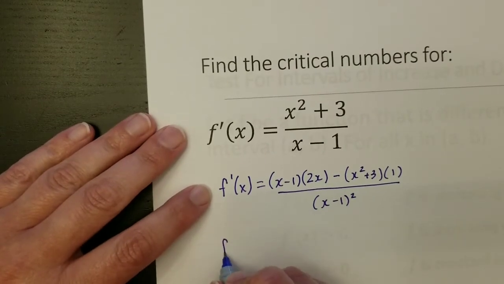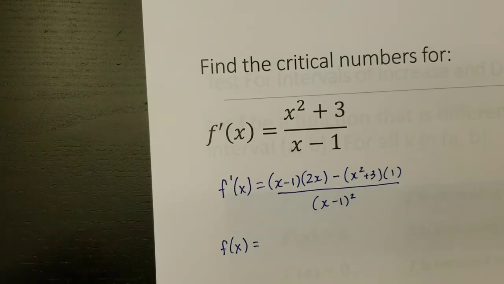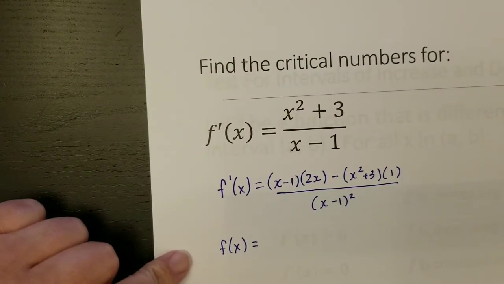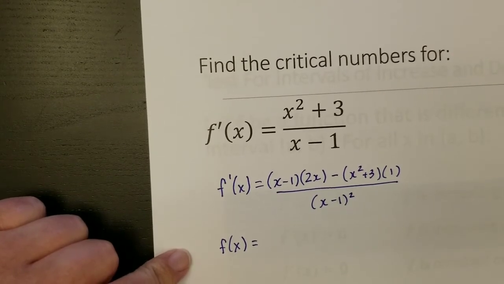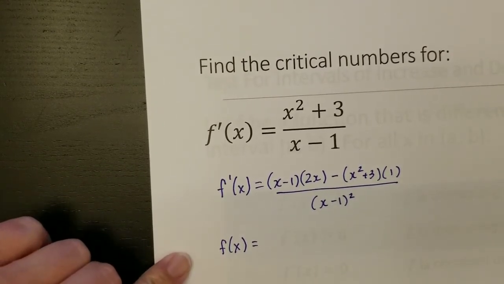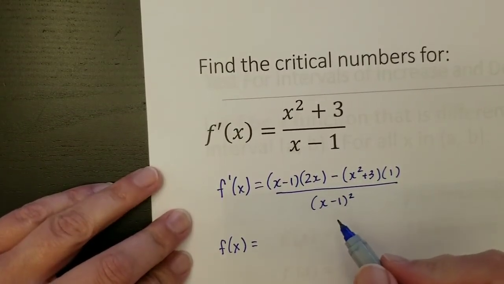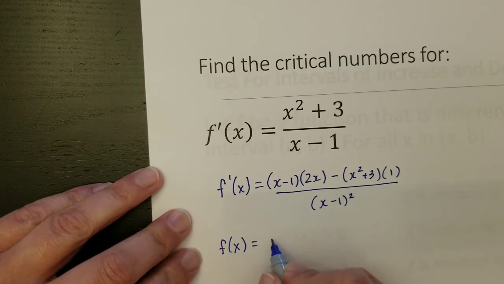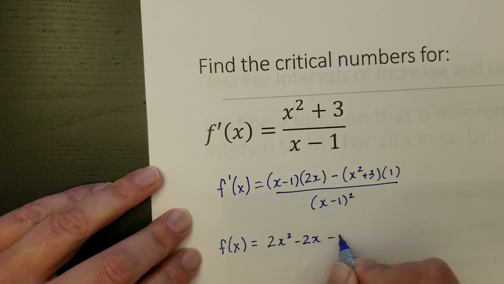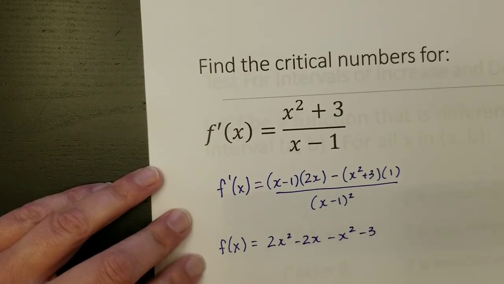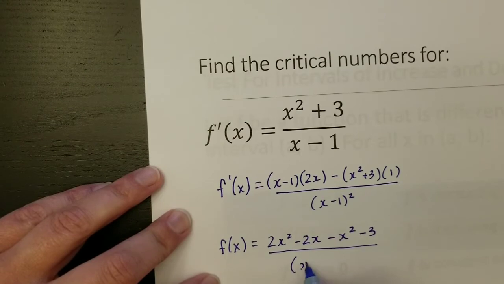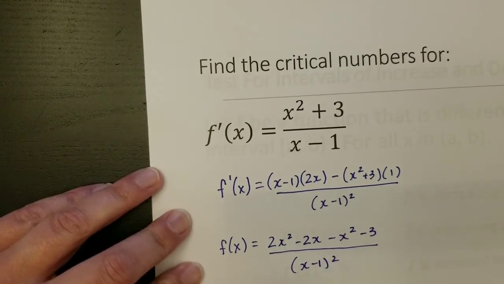So the first step to finding critical numbers is always finding the derivative and simplifying. This is really why we put so much emphasis on factoring the derivative fully in those first units, because a lot of what we do with our derivatives is figuring out where they're equal to 0. So I get 2x squared minus 2x minus x squared minus 3 over x minus 1 all squared.